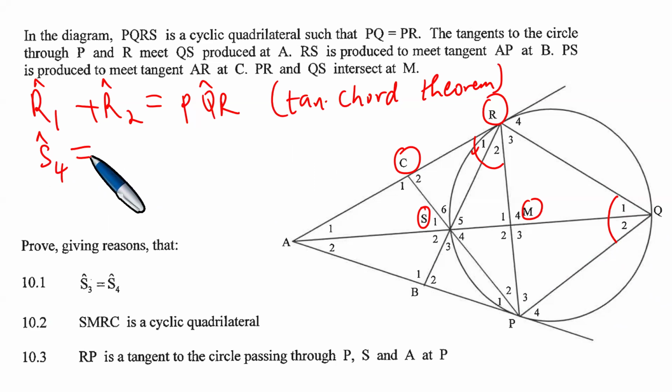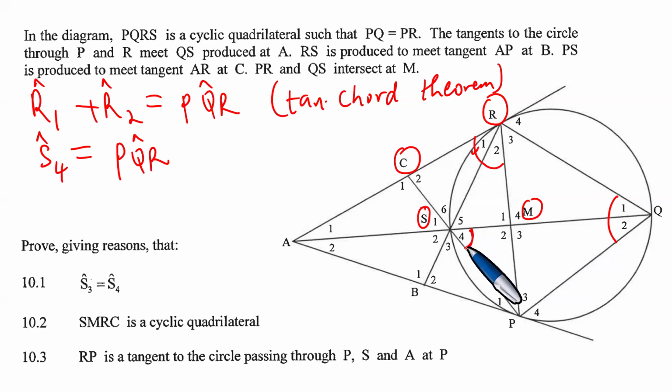And angle S4 is equal to angle PQR as well. I'm going to just analyze that, but it is true that this angle S4 is equal to the angle PQR.